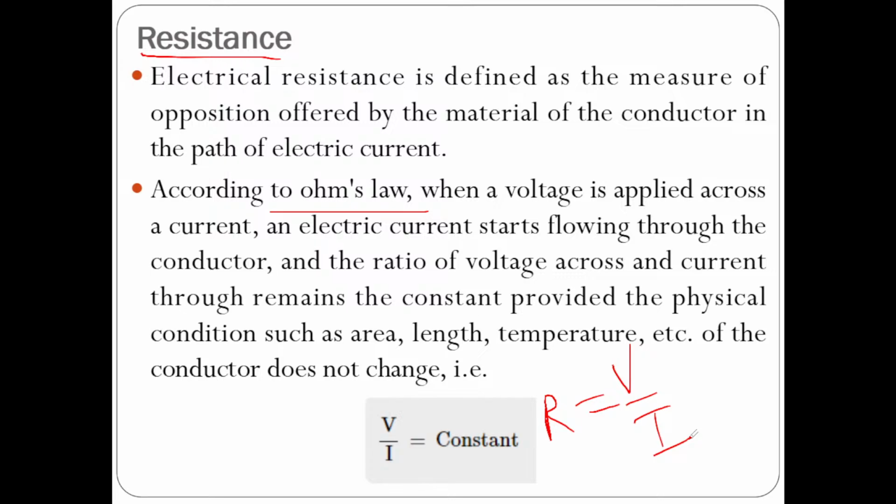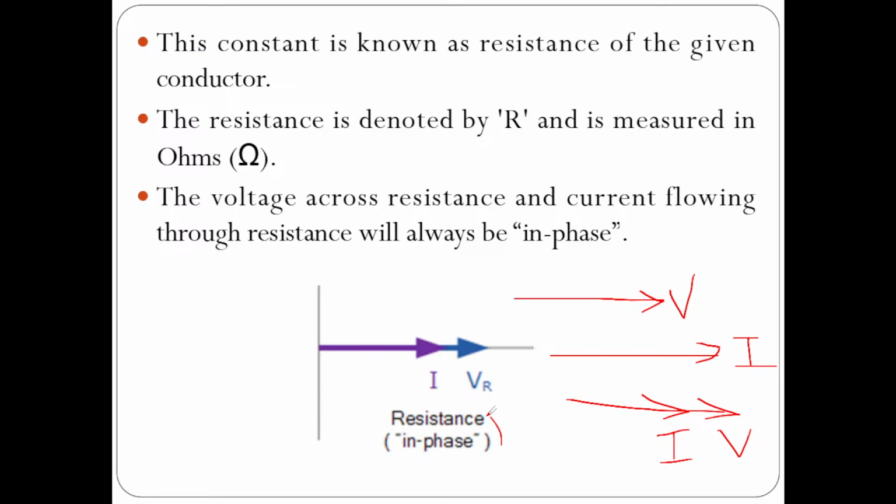So there will not be any phase angle displacement between voltage and current. Since they are overlapping, we can say that voltage and current are in phase with each other.